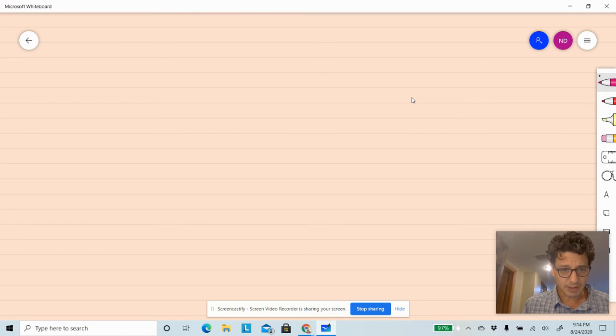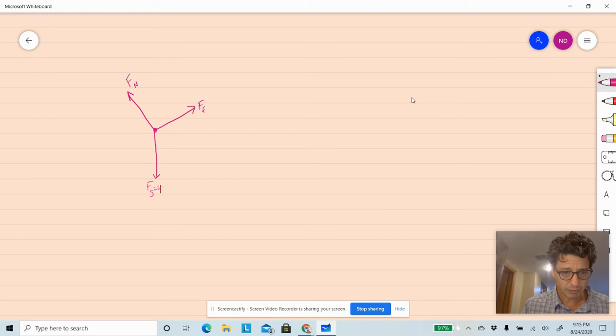So here we go. We've got the force of friction up this way, the normal force perpendicular to it, and the weight is straight down.